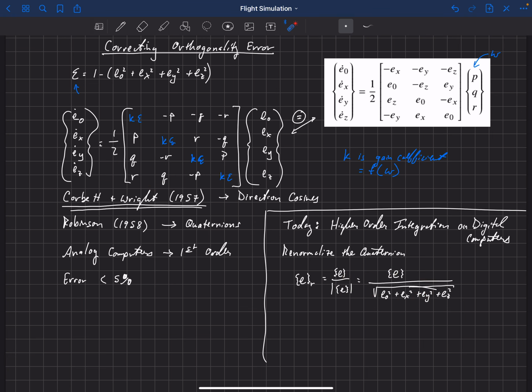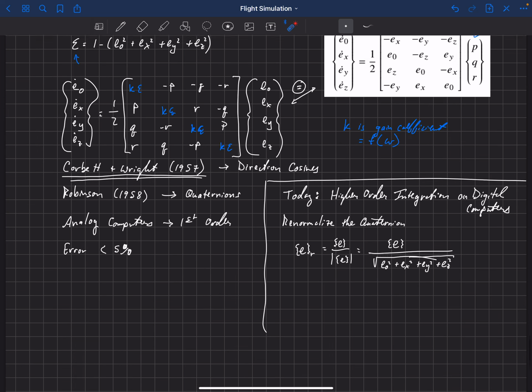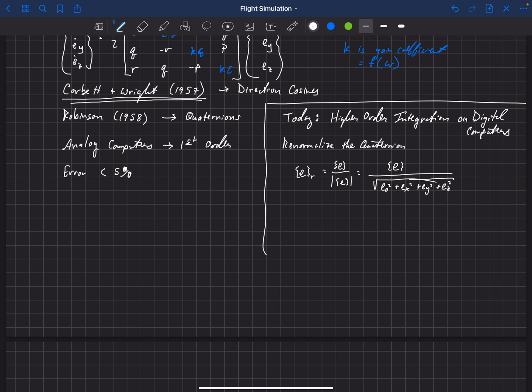One last thing that I just want to point out is that this type of error does not come from round-off error. There are two different kinds of error that we're familiar with. There's round-off and there's truncation. Okay, round-off error comes from the precision of your computer.